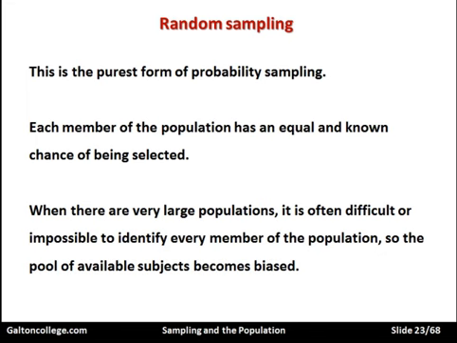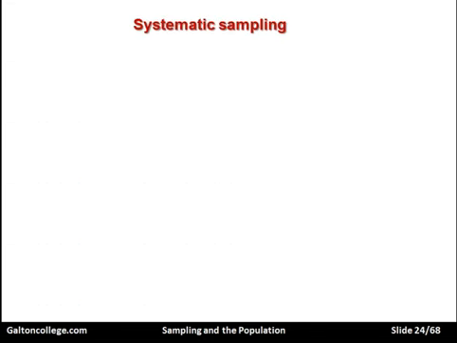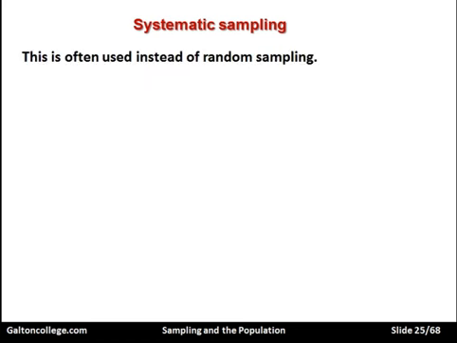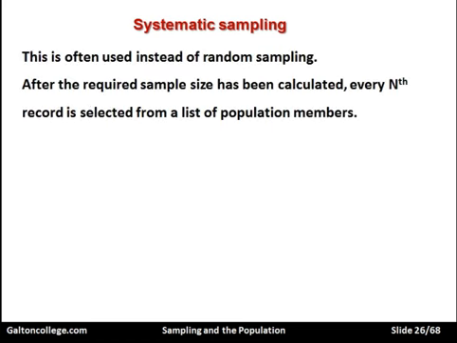Now, there are different approaches to random sampling. For example, systematic sampling. Now, this is often used instead of random sampling. After the required size of the sample has been calculated, every nth record is selected from a list of the population numbers.